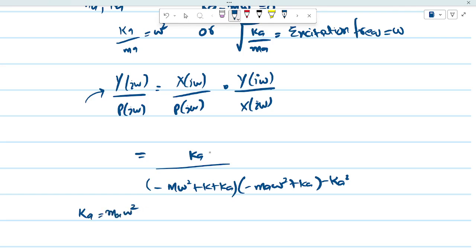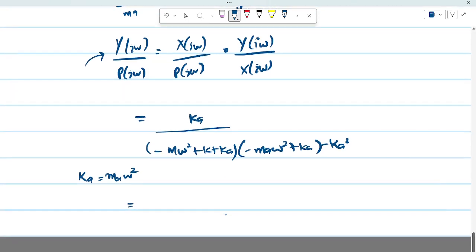If we substitute ma omega square equals Ka, then if you solve this one, you will have the equation left at the end as Y iota omega divided by P iota omega equals Ka minus Ka square equals 1 over K minus 1 over Ka.